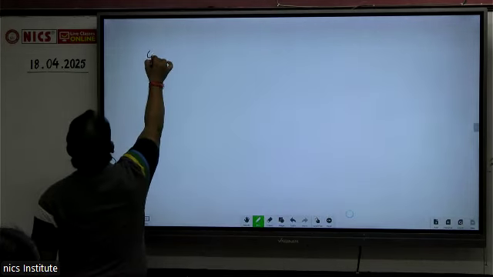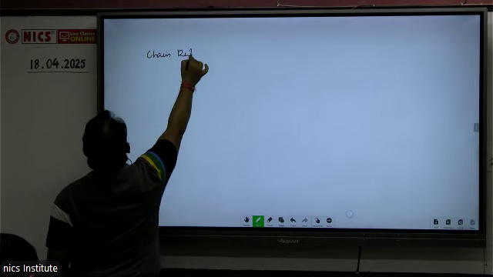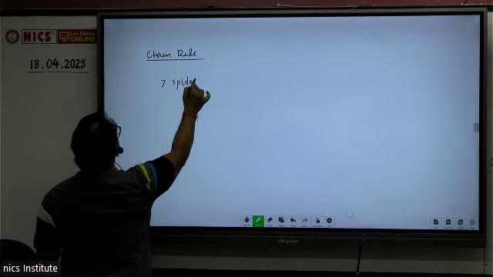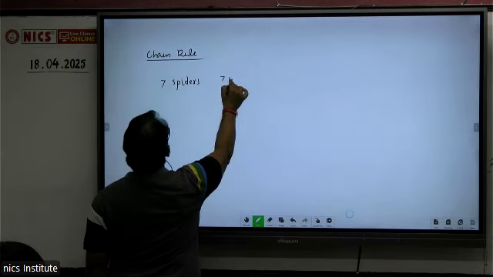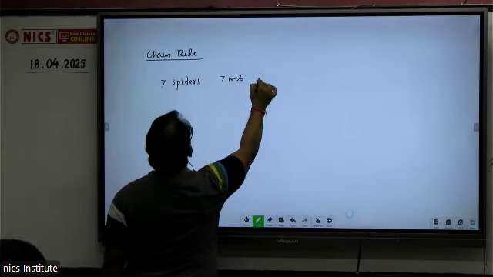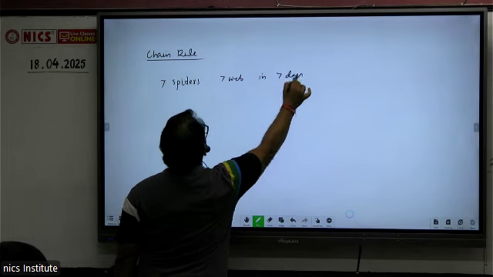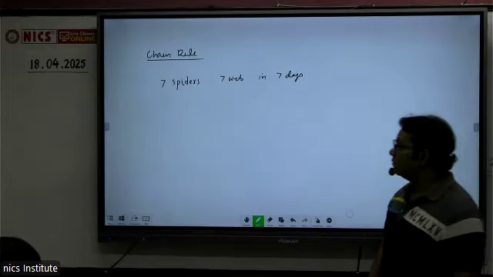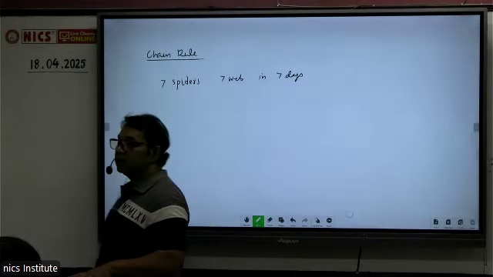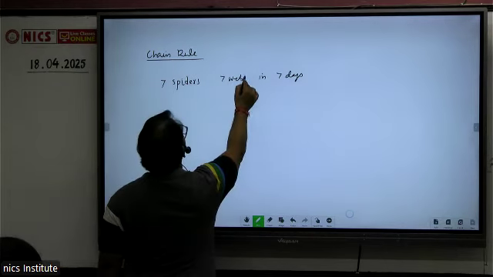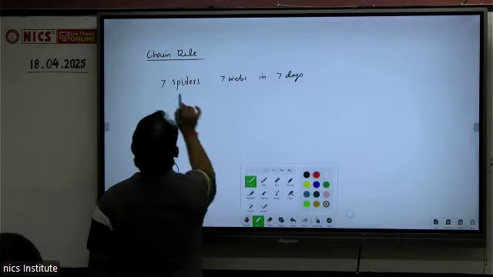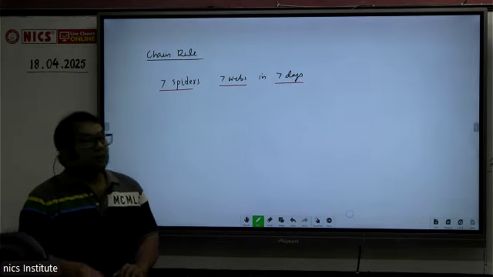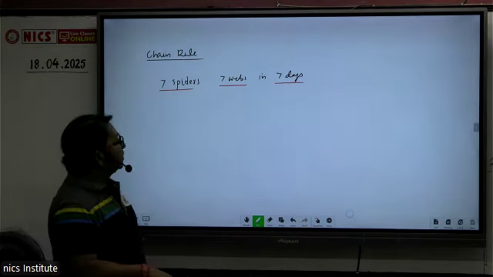Then there would be chain rule problems. You have 7 spiders making 7 webs in 7 days.